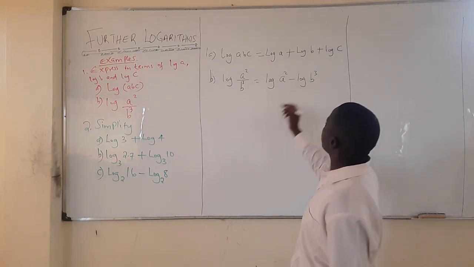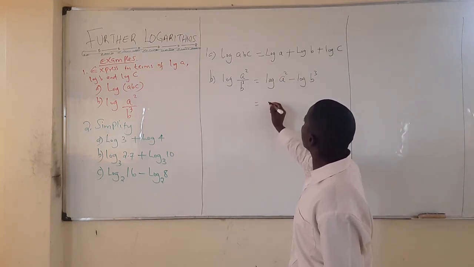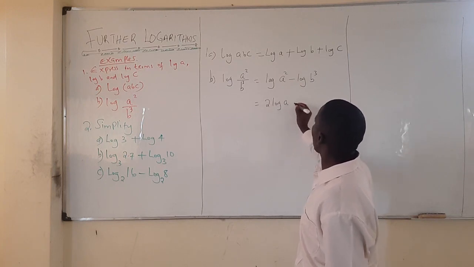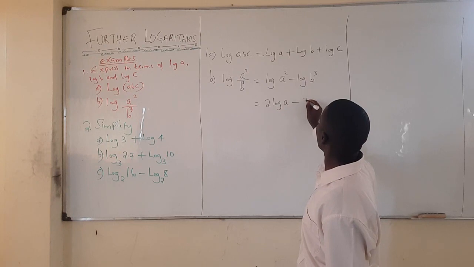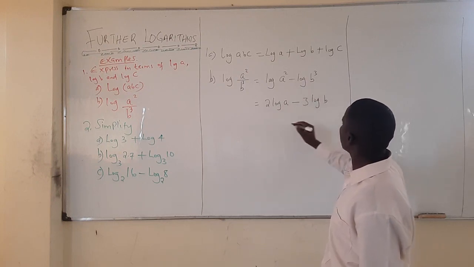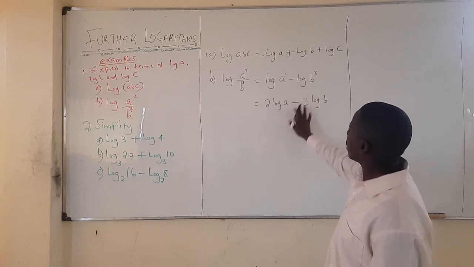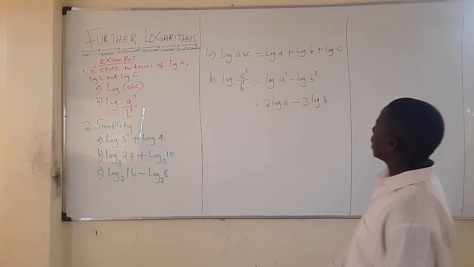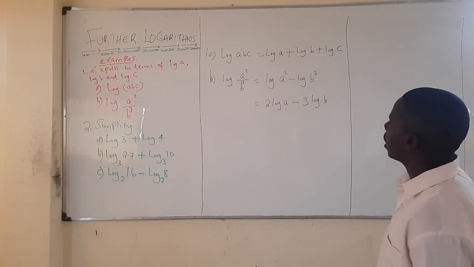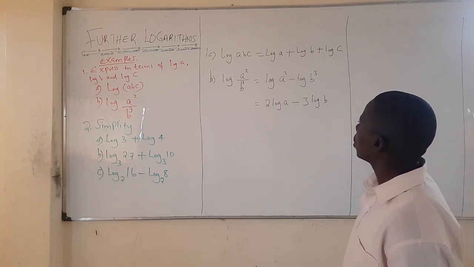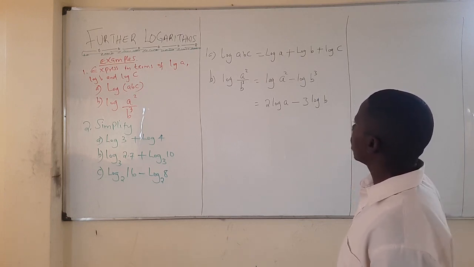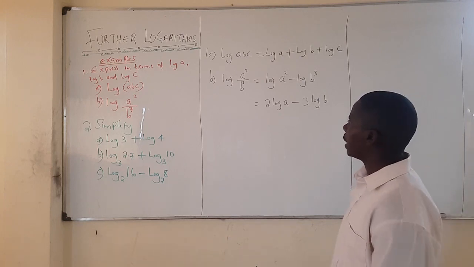Then you drop the powers, so you're going to get 2 times the log of a minus 3 times the log of b. That is the quotient rule and the power rule, so I am able to express those in terms of a, b, and c.